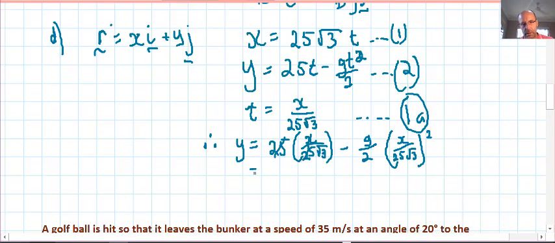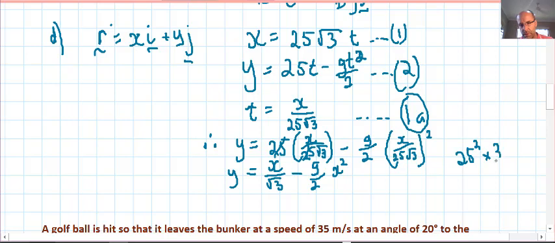Those 25s there cancel. So we have y equals x on root 3, or 1 on root 3 x. Minus g over 2, now that would be x squared, applying index laws. On the denominator we have 25 squared times root 3 squared, which is just 3. It's 625 times 3, and that is 1875. So we have x squared over 1875.